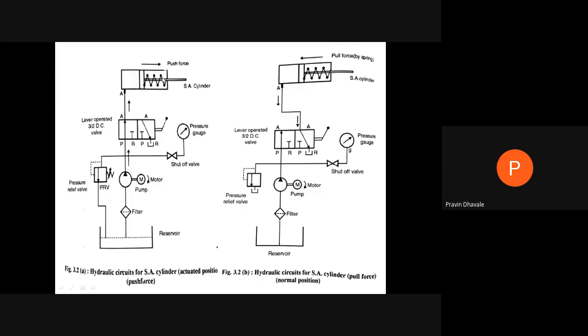This arrow will show the movement of the piston in case of a single acting cylinder. This motion is called as a push force. And this motion, backward motion, is called as a pull force.